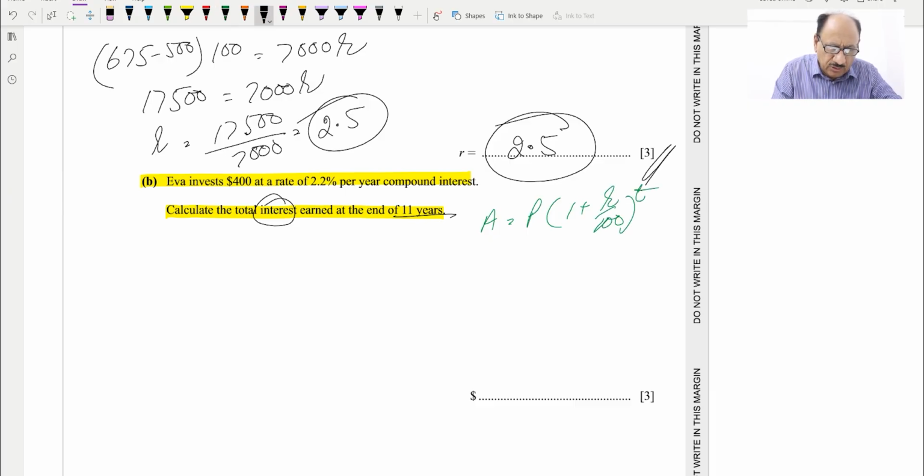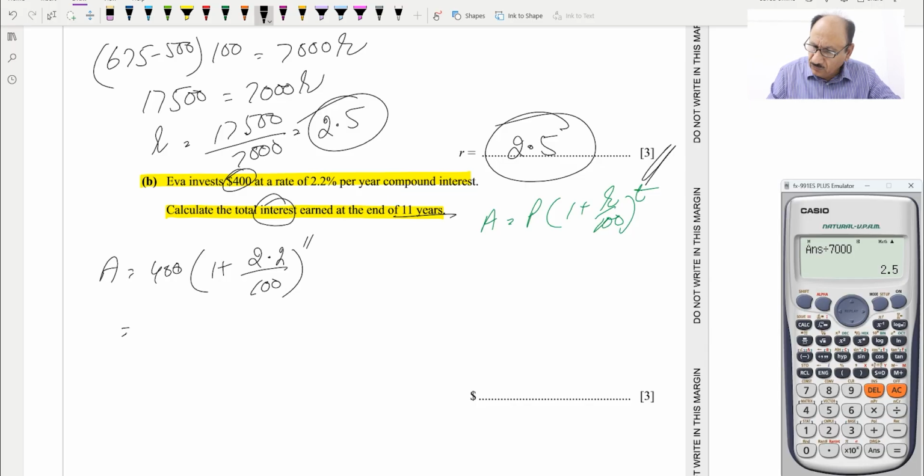This is what we are using, and we can write amount is equal to principal amount, which is 400, into 1 plus rate, which is 2.2 over 100, raised to the power 11 years, and that is what we need to calculate. We can write 400 into 1 plus 2.2 over 100, raised to the power 11.